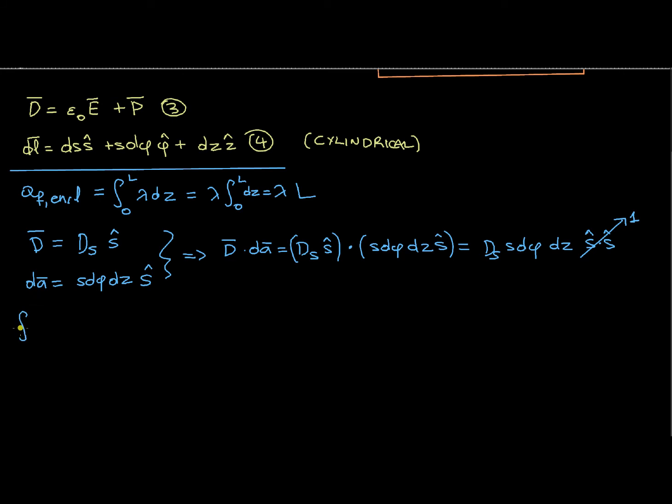I'm starting with the closed surface integral of D dot dA, and because I'm integrating over phi and z, phi will go from 0 to 2 pi, it is a cylinder, and z will go from 0 to L, and then I have ds s d phi dz.